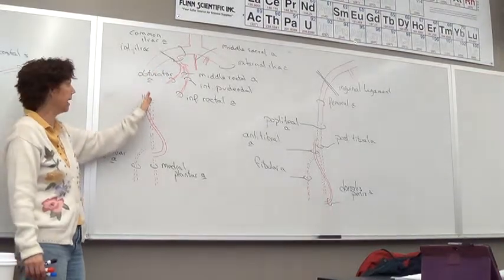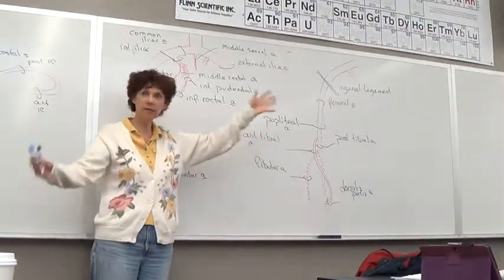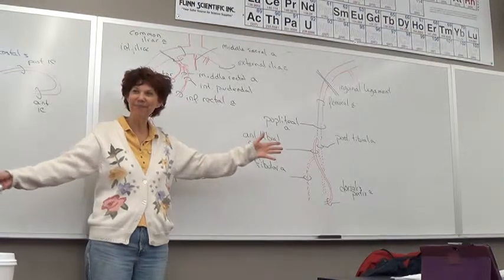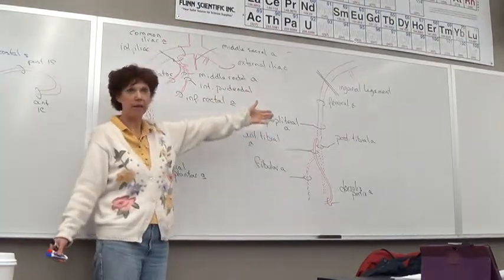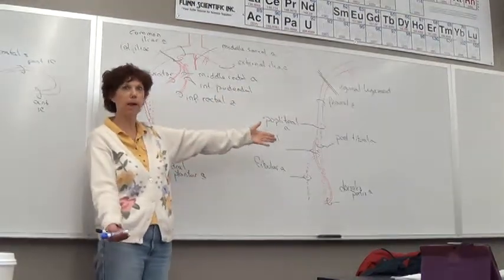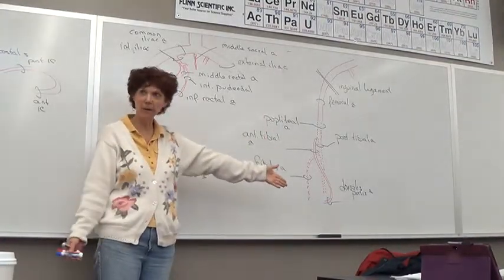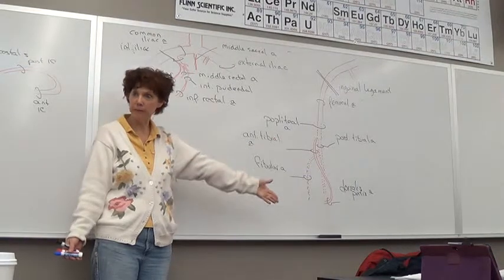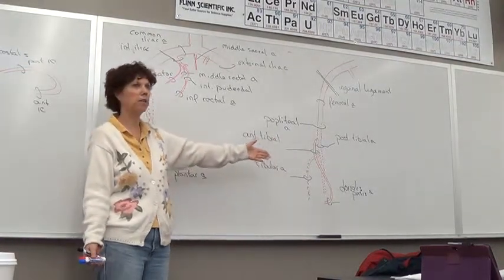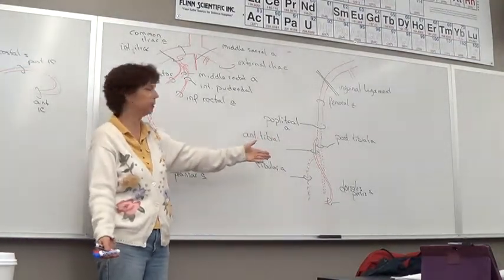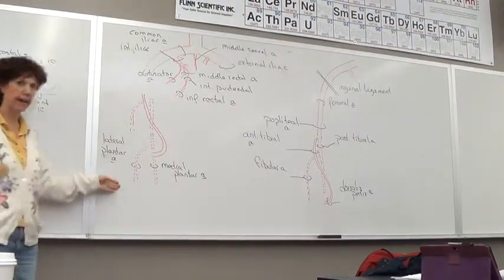External iliac would become femoral. Same vessel, just a different place, so we call it a different name. And then I'd be in the popliteal. Now I want to go on the bottom of the foot, so instead of taking anterior tibial, I'd just stay where I was, and that would become posterior tibial. And I want to go to the little toe side, which is lateral, so I would take lateral plantar.